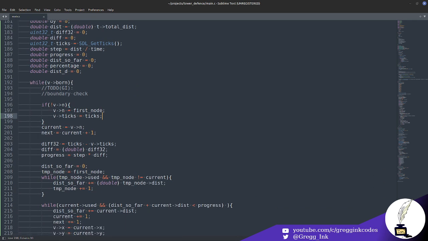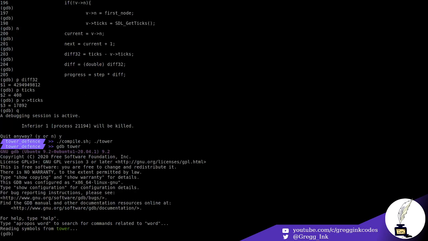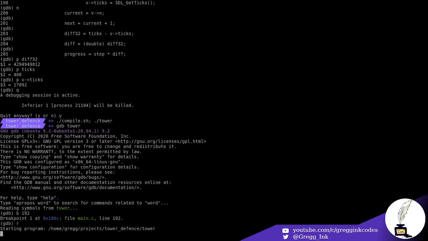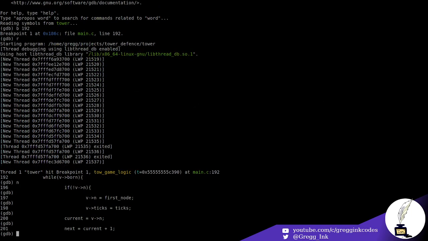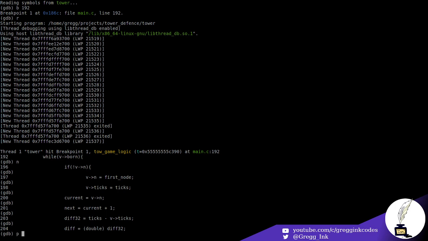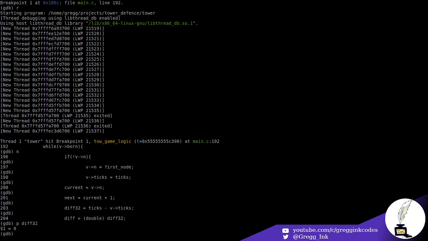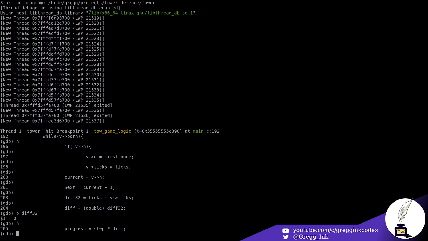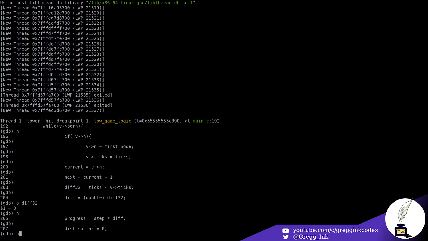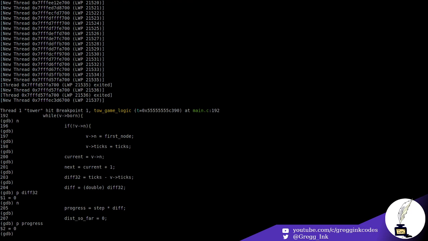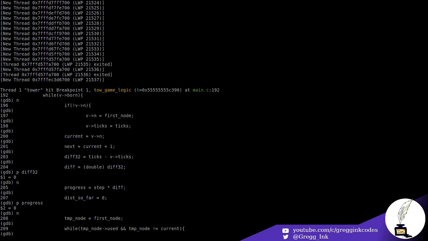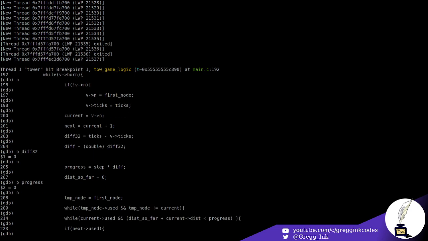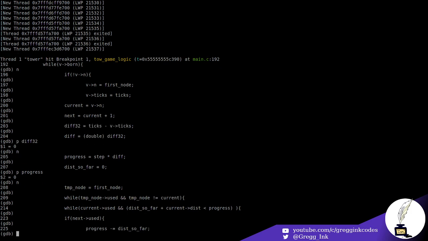Okay, so B192. So diff32. Yeah, that makes more sense now. Progress is 0, which also makes sense. That it's only just started, right?